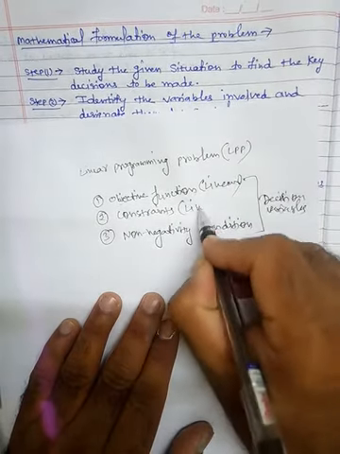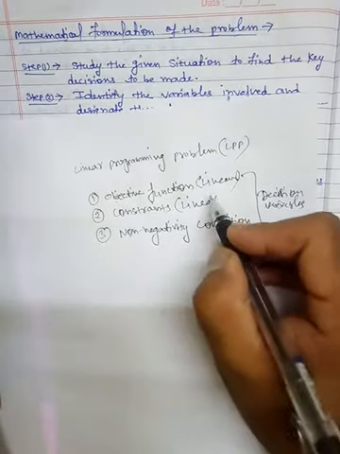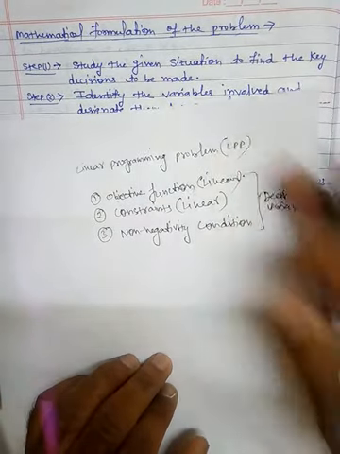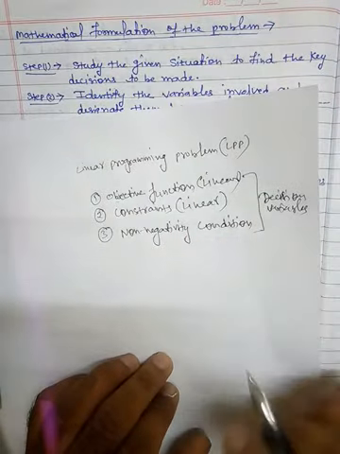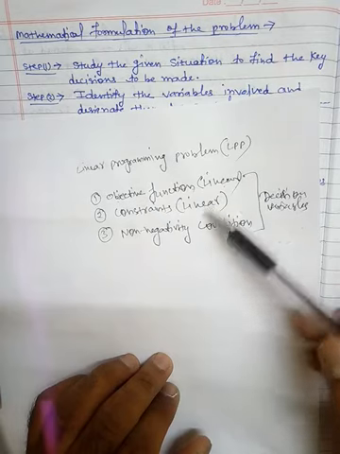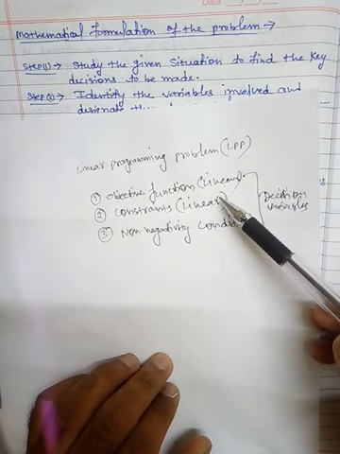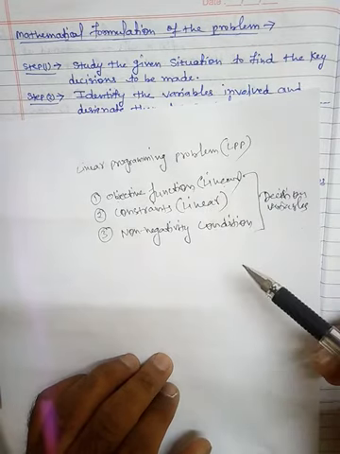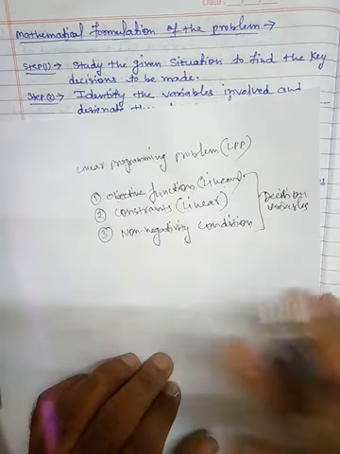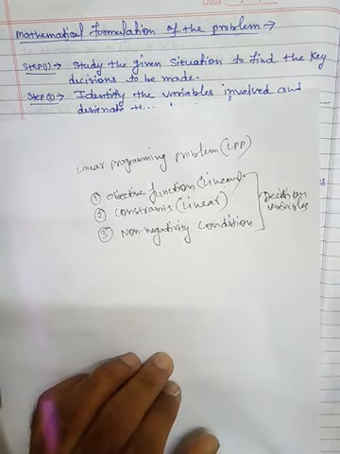Constraints, sorry, these are also linear. Okay, so this is the linear programming problem. If either objective function or constraint, if any one of them is not linear, that means it is non-linear, then the programming problem is known as non-linear programming problem.